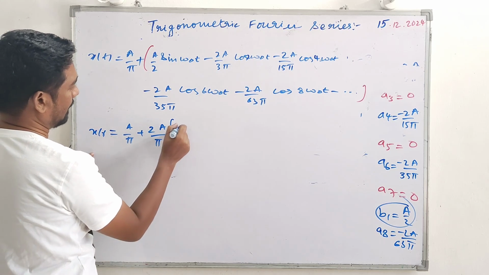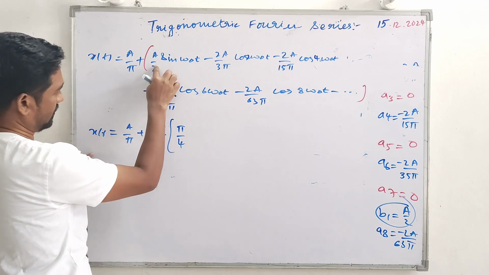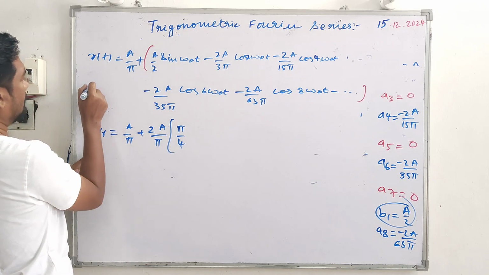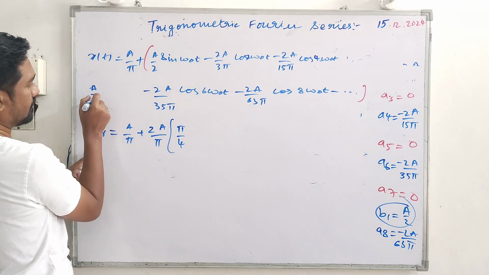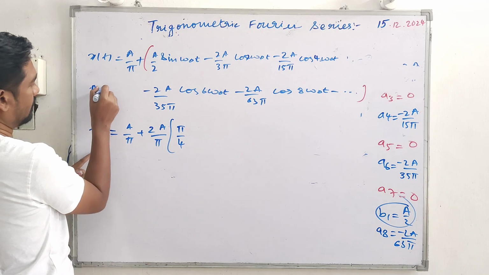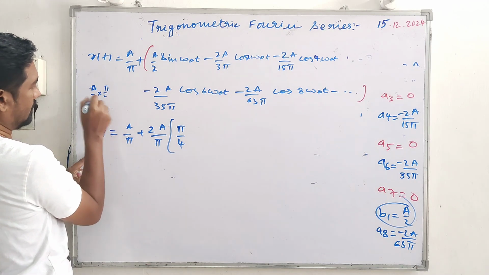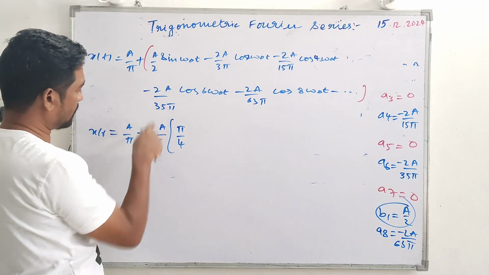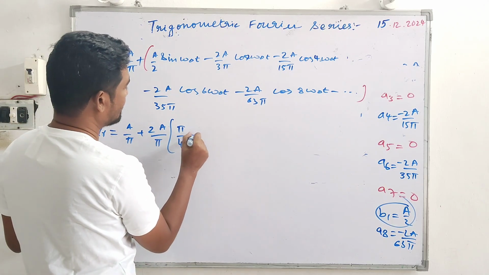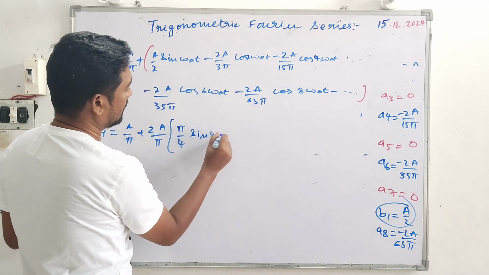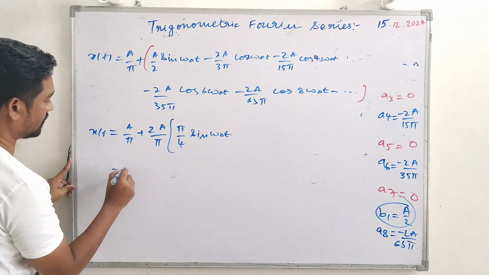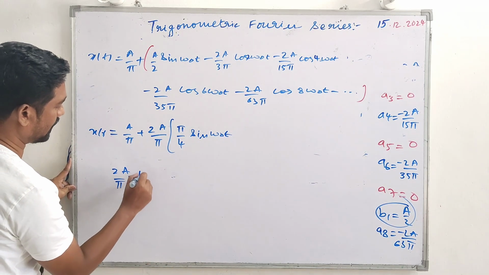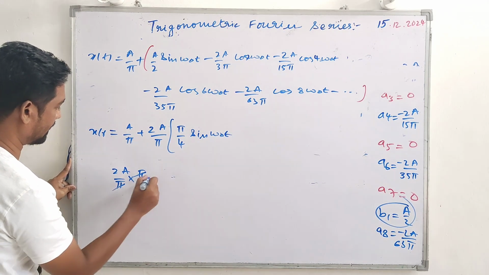So what do we have? Pi by 4 over here. Why? Because a by 2 into pi by 4. So pi by 4 can be taken out as common from this one if we take out 2a by pi as common. So it will be sine omega naught t.